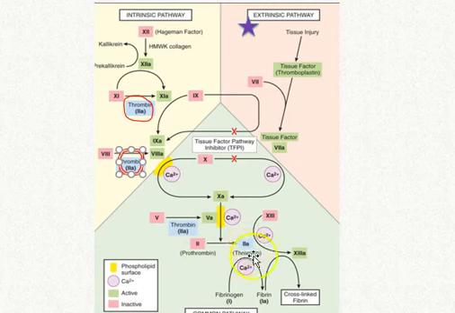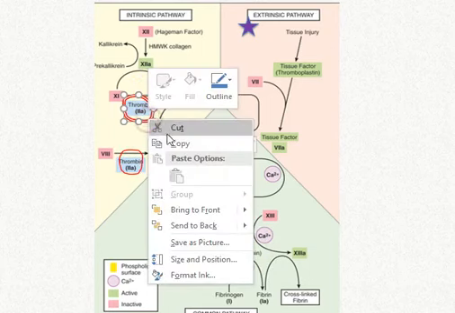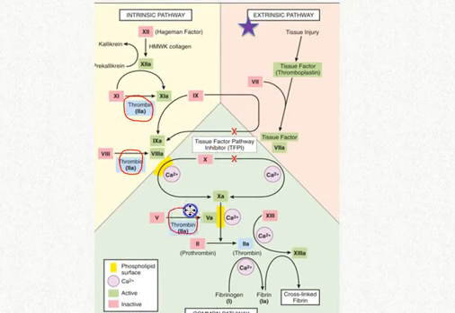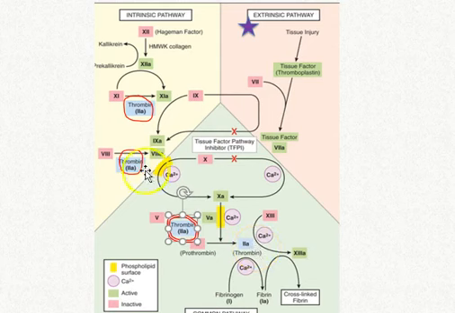Okay, and so this blue thrombin molecule, factor 2A, has the ability to activate factors 5, 8, and 11. Okay, and that's why inhibiting it with something like heparin is so important.